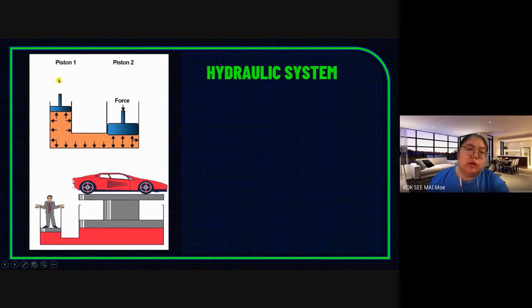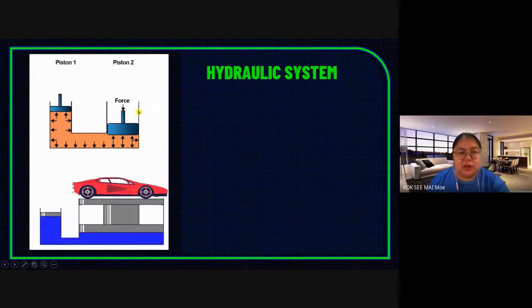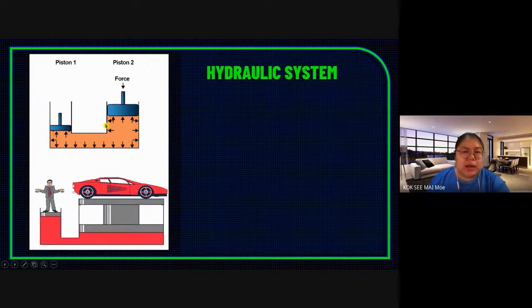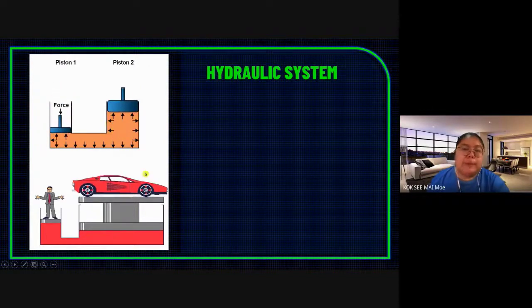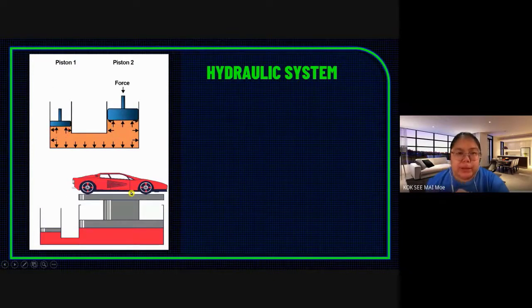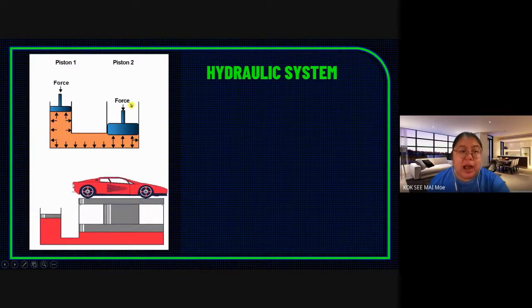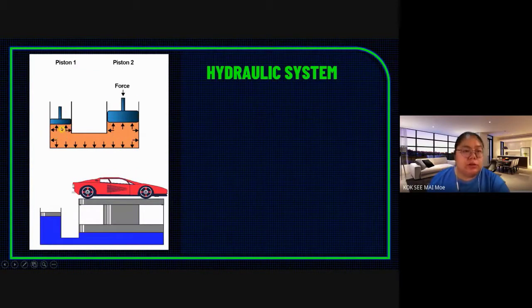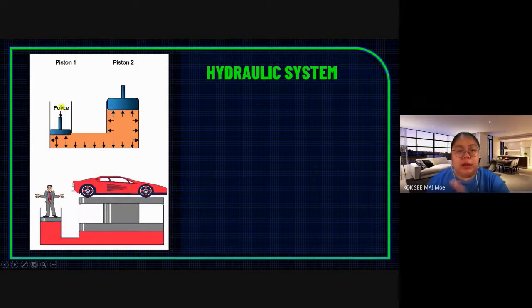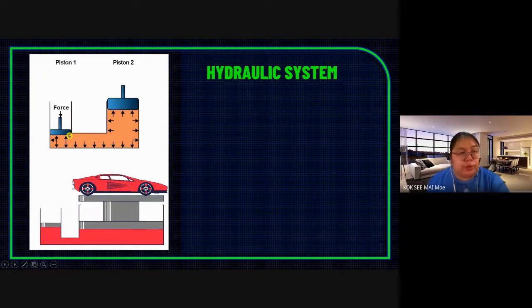The important part is the piston. Can you see the size is different? One is smaller, and the other is bigger. The bigger one is normally for the heavy load, because you want to lift, for example, the car up. The force you apply compresses the liquid, and when you compress it, you produce pressure.